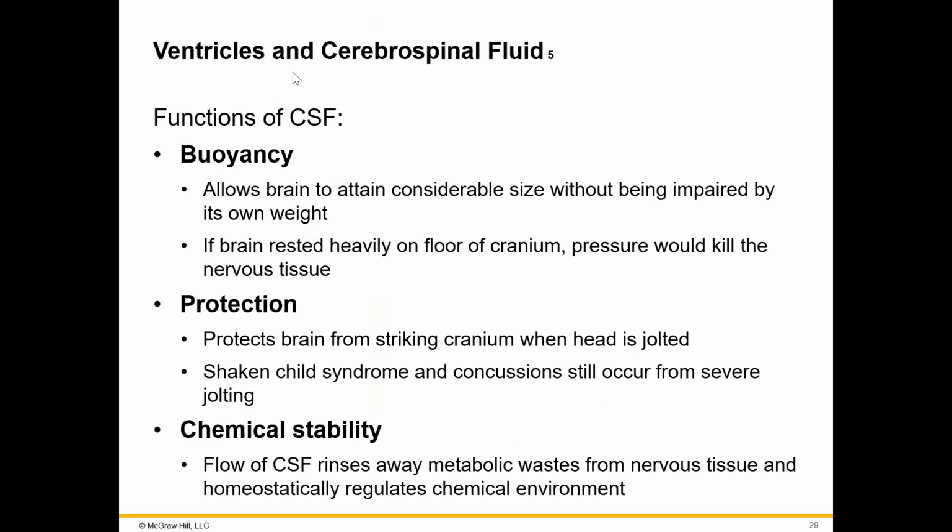So now we learned what cerebrospinal fluid is. Now we have to see the job. So first we learned about the anatomy, the structure of cerebrospinal fluid. Now we got to learn about the function of cerebrospinal fluid. Why do we have cerebrospinal fluid?